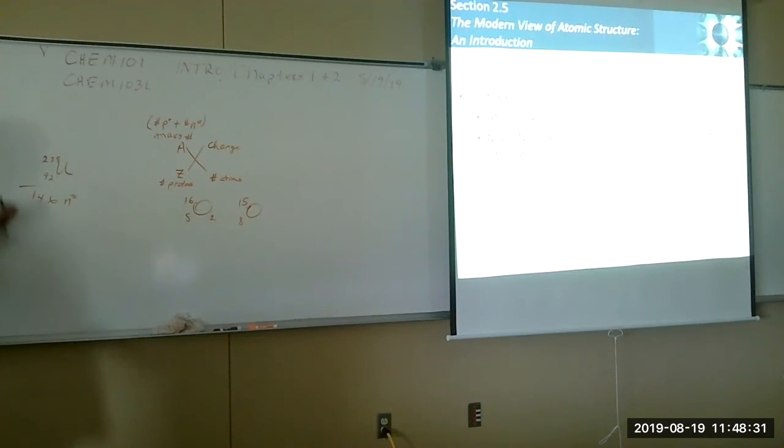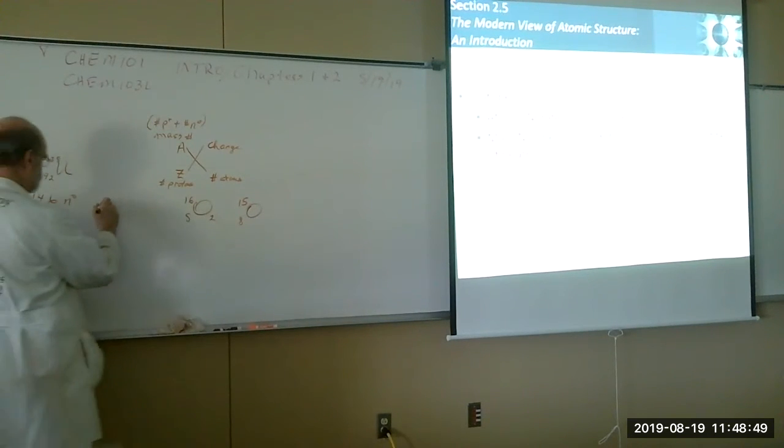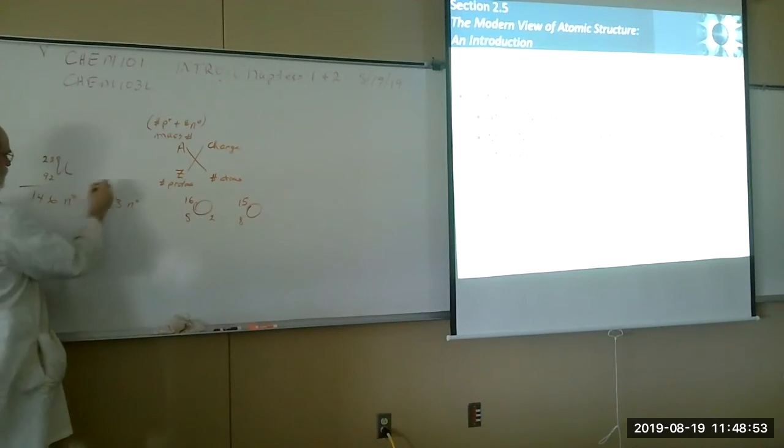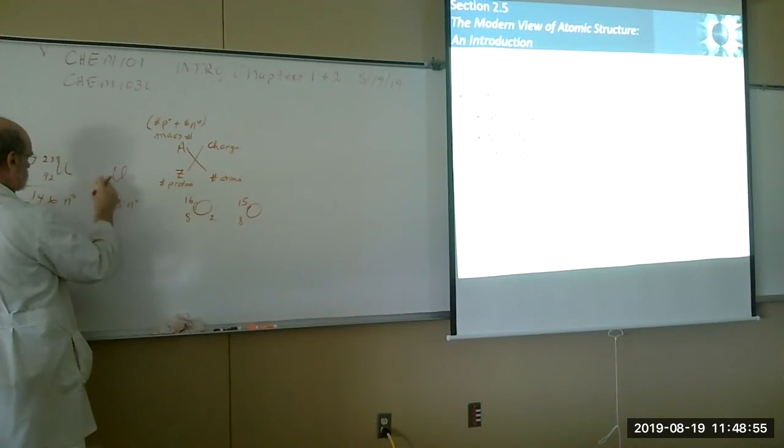Because this is the total of protons and neutrons, so subtract the protons from the total, and you get the number of neutrons. Now, if we take away 3 of these, so it's 143 neutrons, then you get uranium 235.